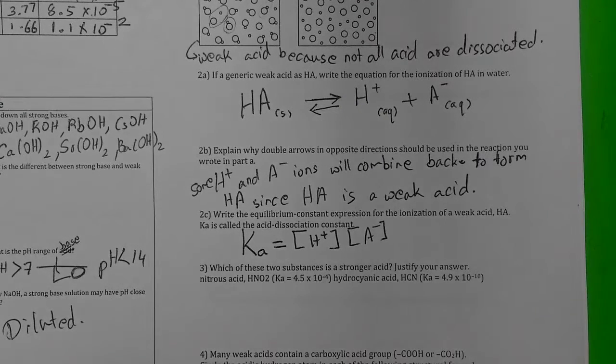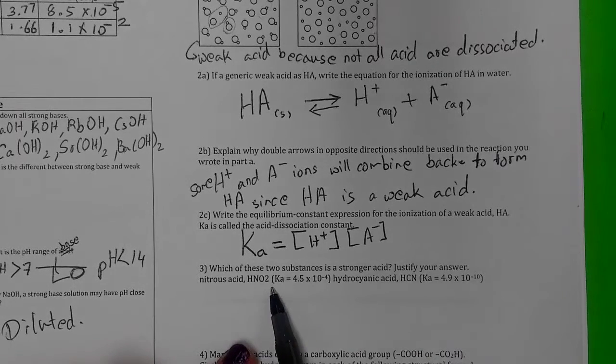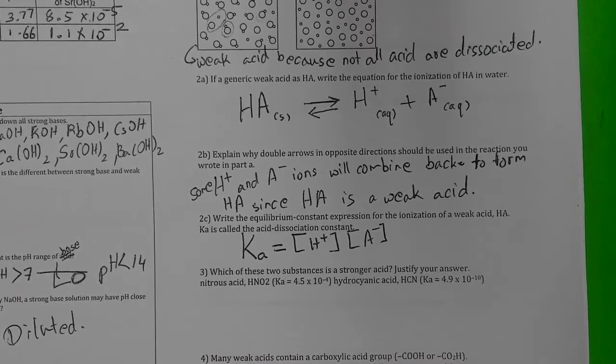Next one. Which of these two substances is a stronger acid? Justify your answer. Take a look at these two. You have HNO2 and then HCl. Who is stronger? Why?